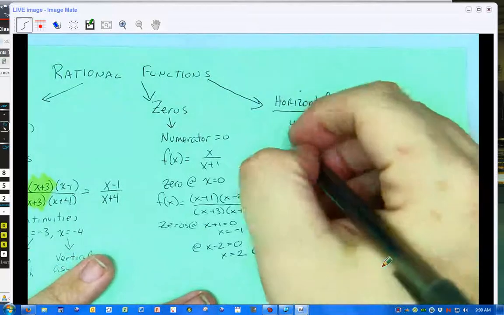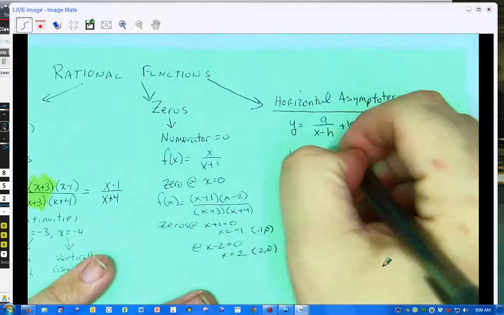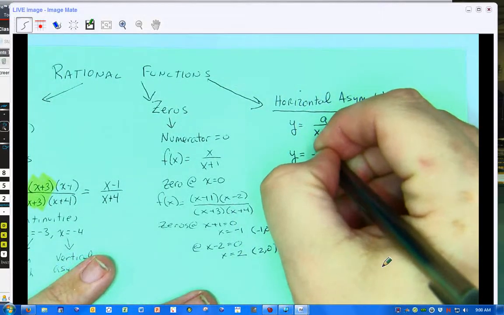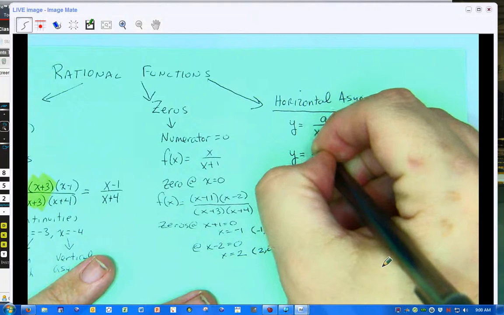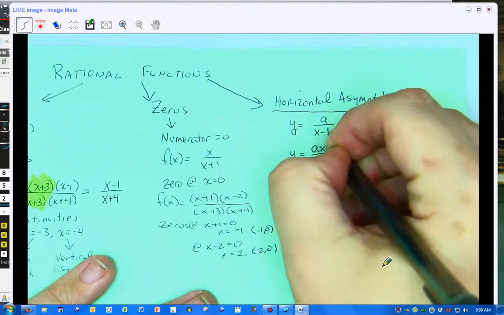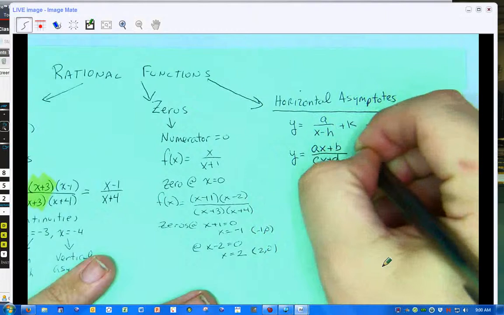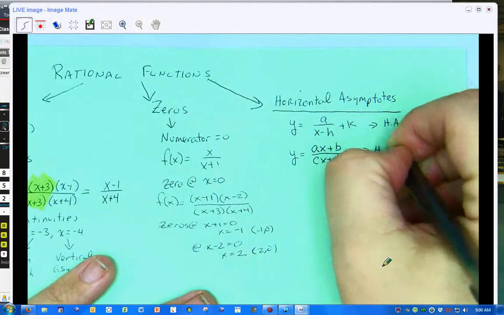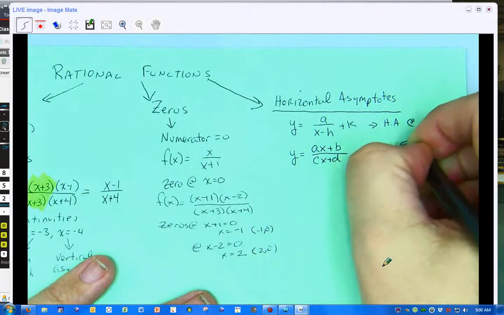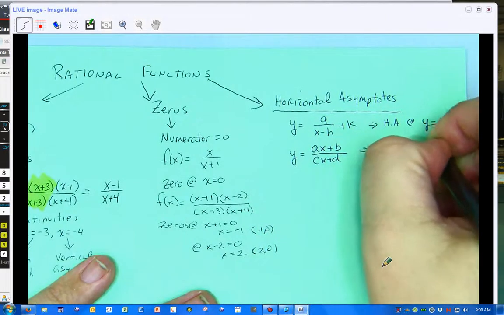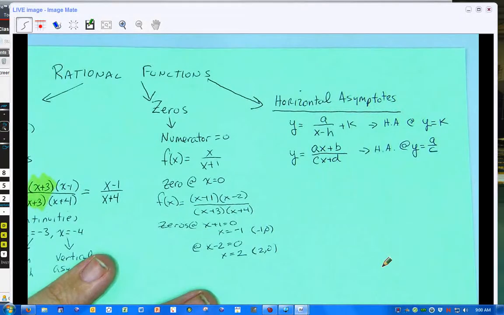Yeah, that's nice. If you have y is equal to ax plus b over cx plus d, your horizontal asymptote is at y is equal to a over c, which is nice.